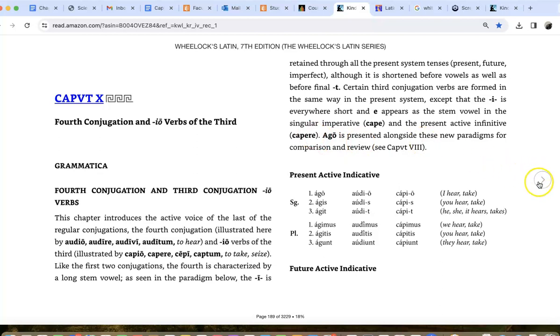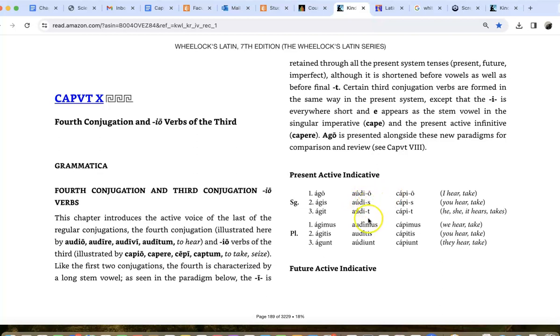But again, it will be given to you in the readings. And so it's mainly recognizing the conjugation of the verb, and in particular, the conjugation ending: audio, I hear; audis, you hear; audit, he, she, it hears; audimus, we hear; auditis, you all hear; audiunt, they hear.